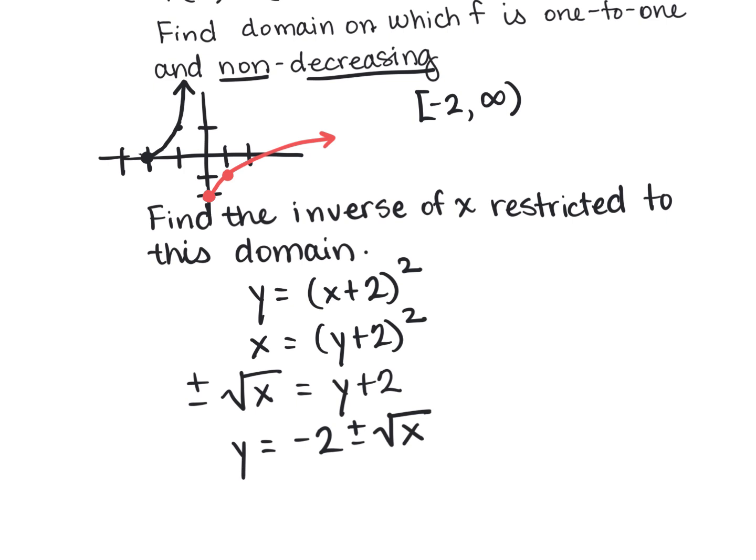What that indicates to me is that I don't need both of those. I only need the positive one. So the inverse that's restricted to this domain is y is equal to negative 2 plus the square root of x.